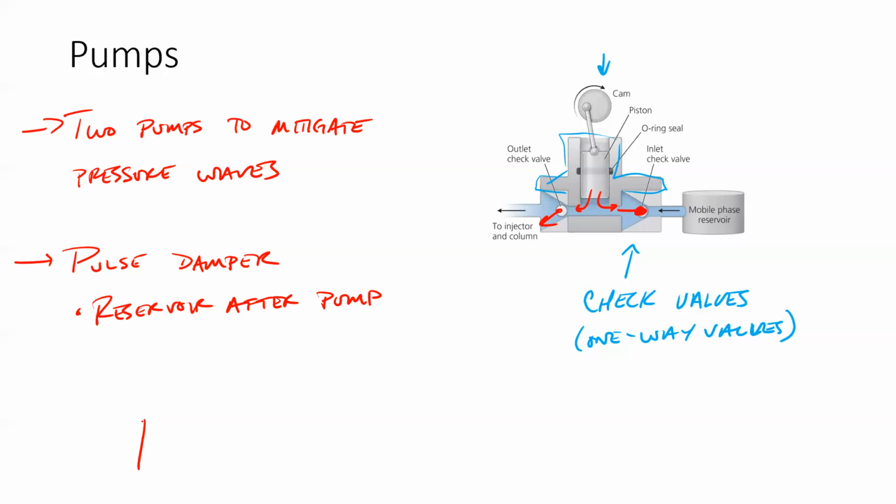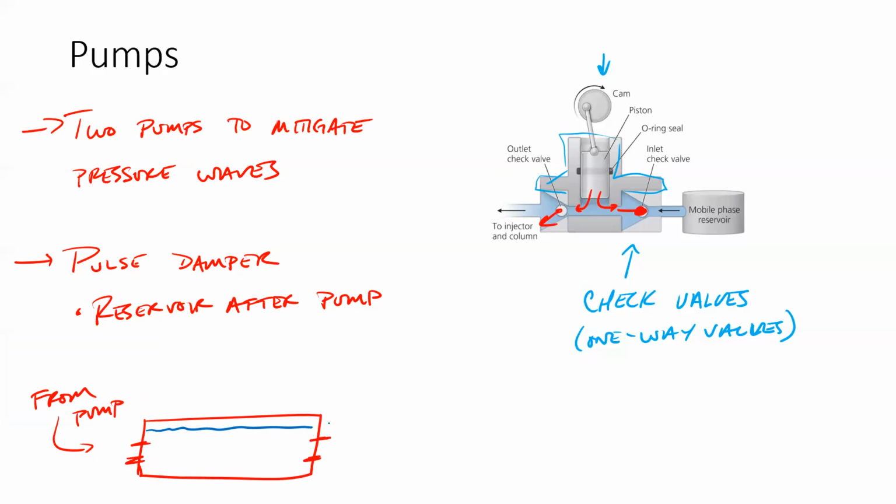So let me just draw a little box here. Right, we can think about it. So this would be from the pump, and inside our pulse damper, we're going to have some liquid. And then this outlet is a flow valve.